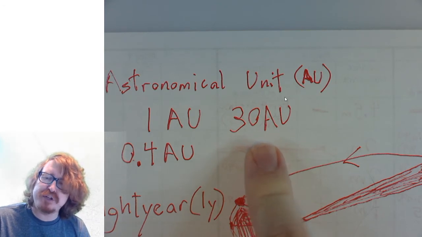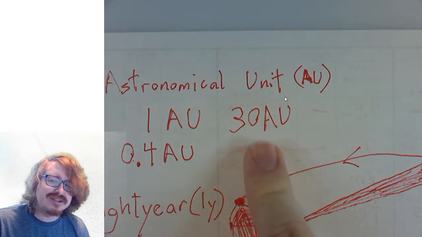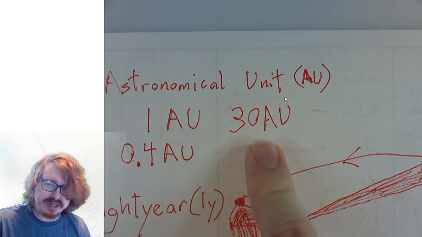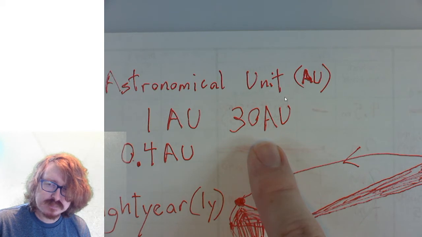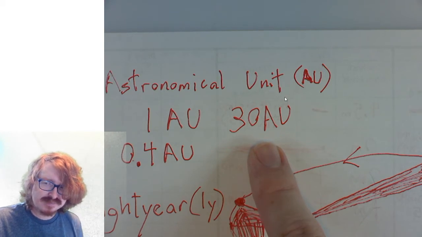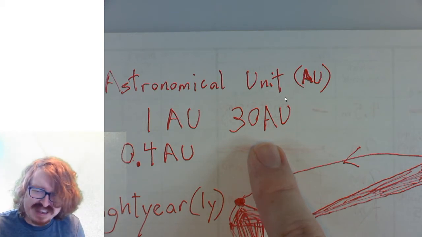No. Is Neptune going to take more than 30 years or less than 30 years to go around the sun? See if you can figure out what the pattern is.